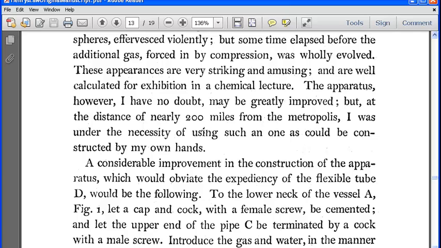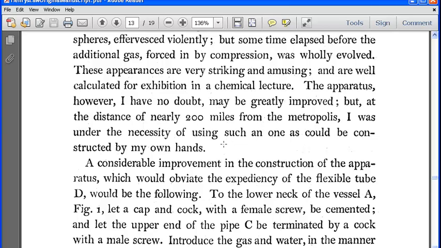Here's one of them. So Henry had to build an apparatus. You just couldn't go to the chemical stockroom back then. You had to build your own apparatus. And so he says that the apparatus, however, I have no doubt, may be greatly improved. But at the distance of nearly 200 miles from the metropolis, presumably London, I was under the necessity of using such a one as can be constructed by my own hands.